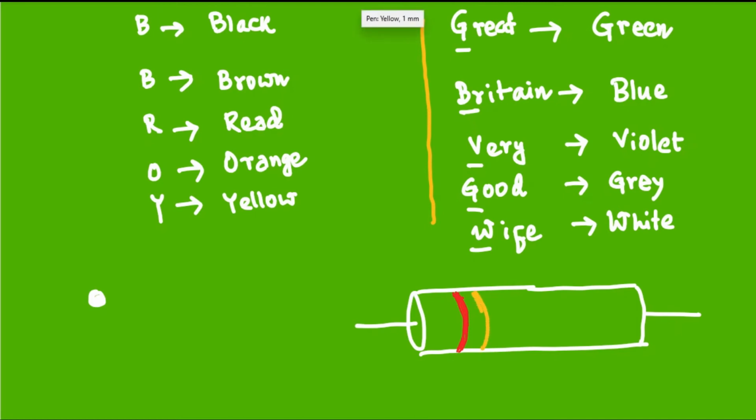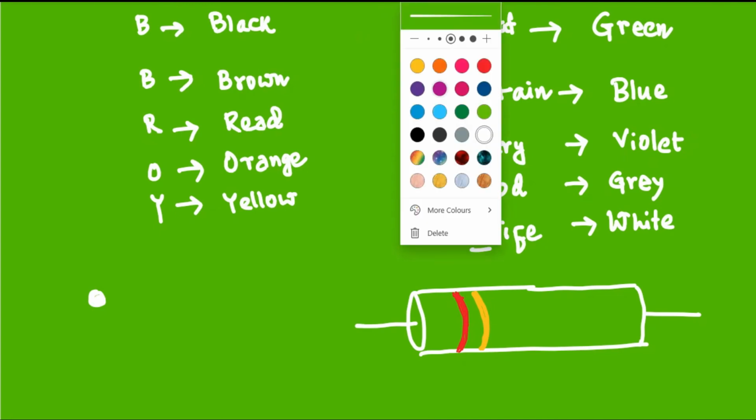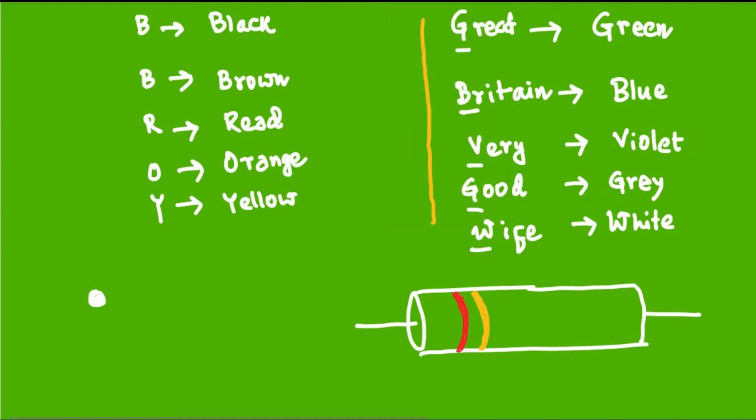The second color strip is yellow, which is B. The third color strip is of blue color.